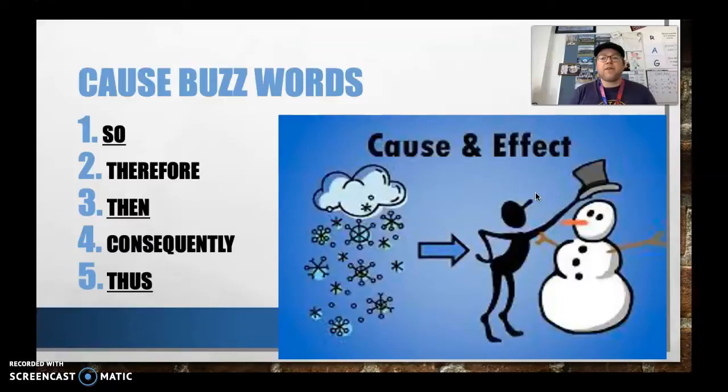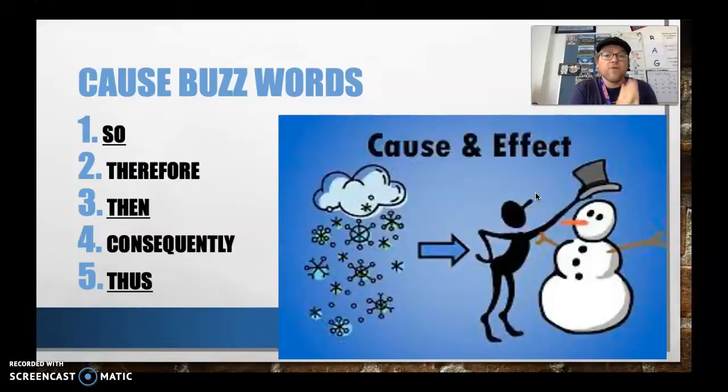Now you can think about there's going to be some buzzwords, just as we've talked about in all of our ways to remember different historical concepts, historical thinking things. These are the things, when you hear these words, you're thinking cause. So in the picture, we have a cause and effect relationship, right? There was some snow, and there was a snowman. So which one caused the other one?